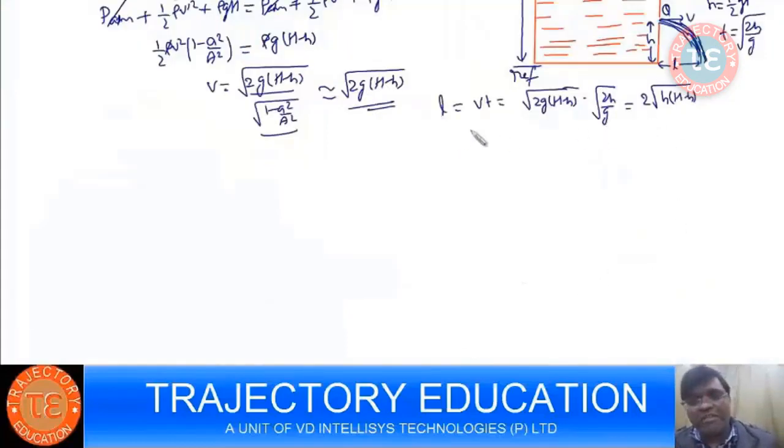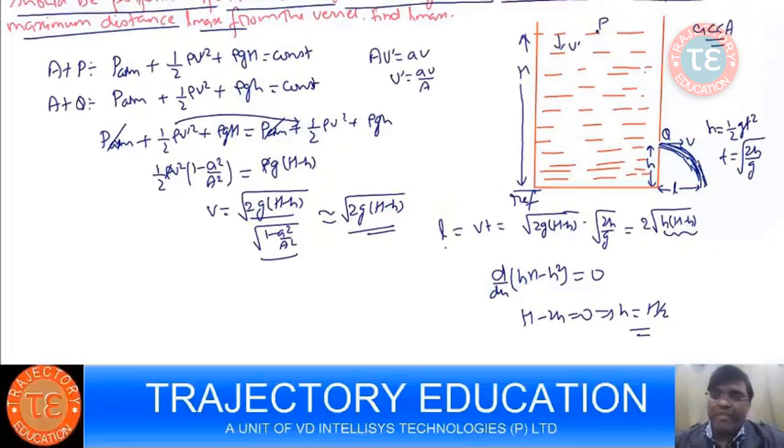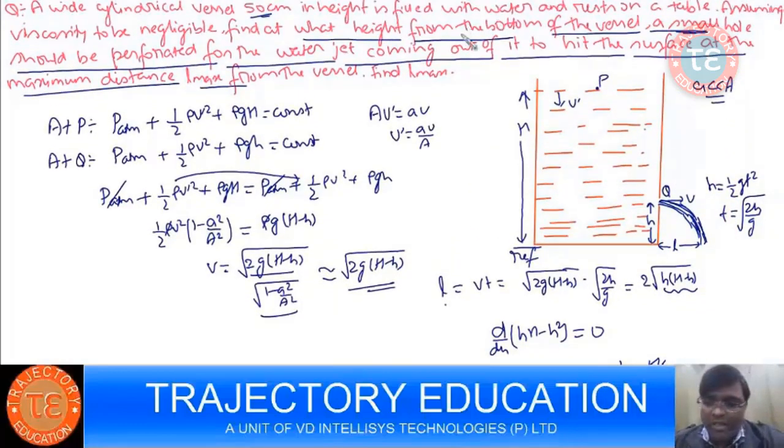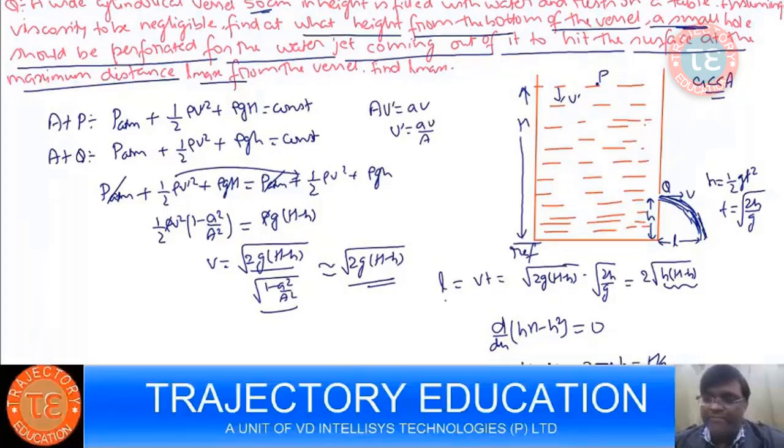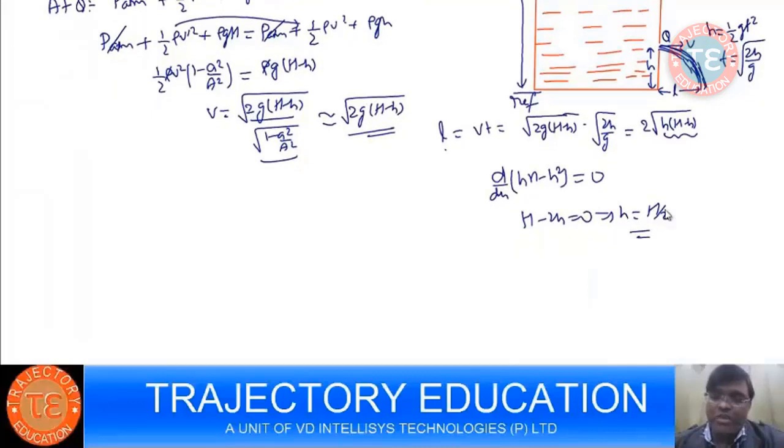Okay, now to maximize L, I need to maximize only this. I just maximize what is there inside, so I get d by dh, or this is h minus, so small h is capital H upon 2, and what is L max?